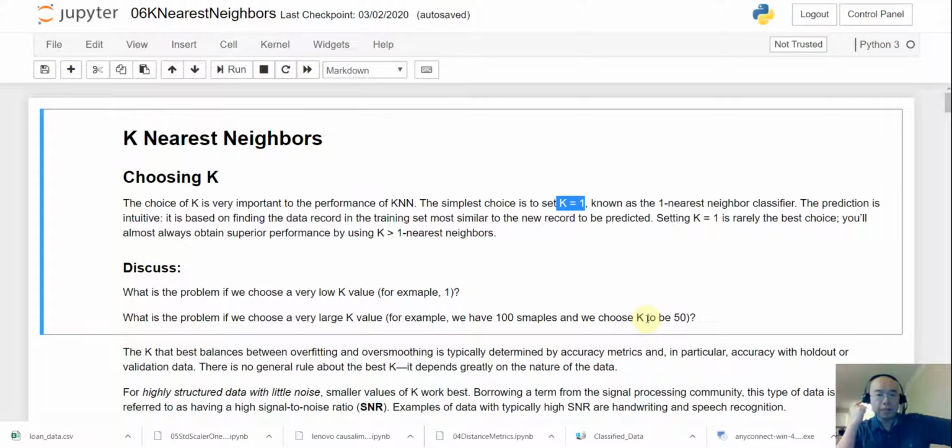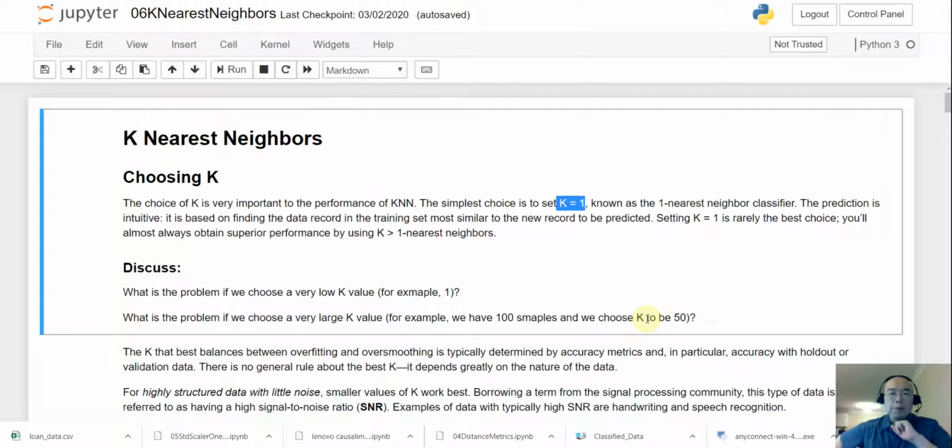We are picking half the size of the data set as the k value, so this is definitely a large k value. The first problem is that if the k value is large, the model will be slower. We don't want that. So that's the first problem. What is another problem?